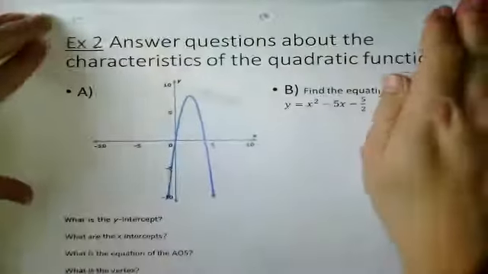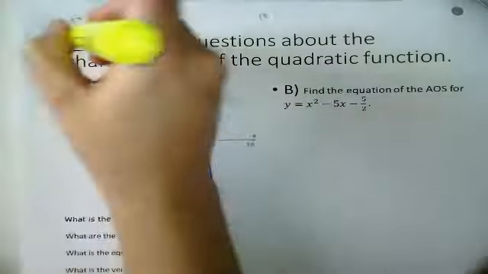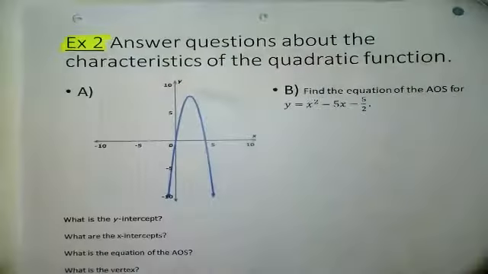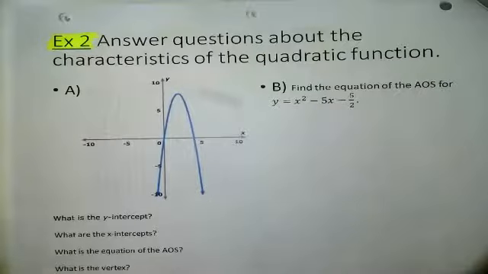Example 2. Answer questions about the characteristics of the quadratic function. So again, I have a lovely picture of a graph here, and we want to answer these pretty basic questions. What is the y-intercept? Looking at this graph, where does it cross the y-axis?